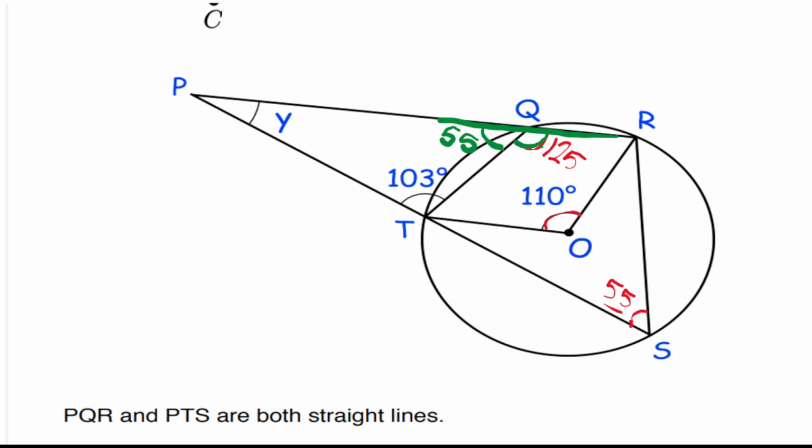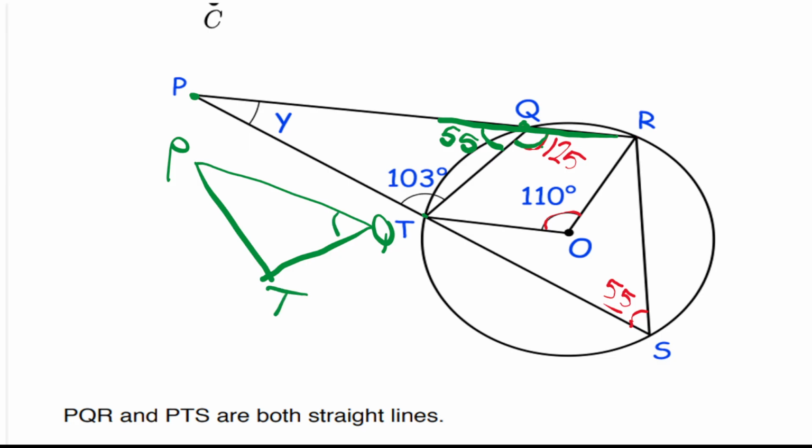Now let's draw triangle PQT. Ta-da! This is it. PQT. This is a nice pen. Now this is 55 and this is 103. Can you find y? Alright, give it a try and comment your answer.